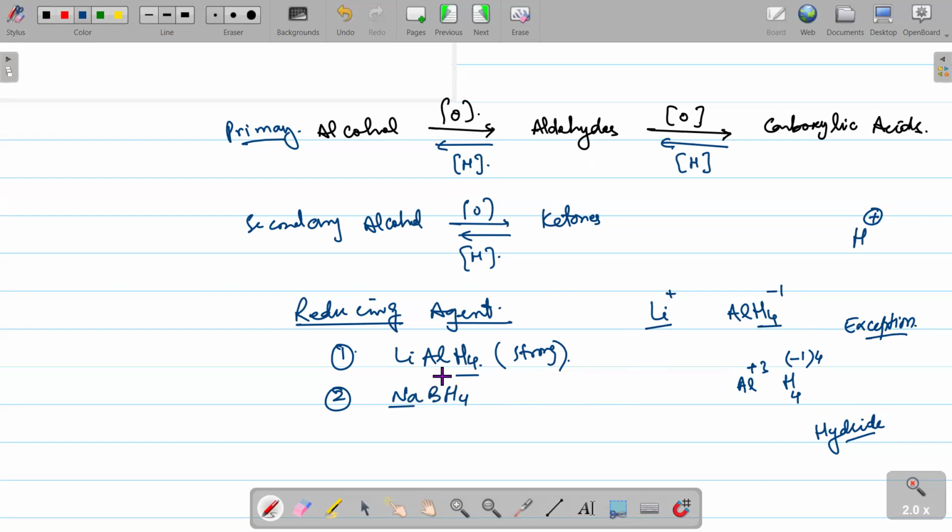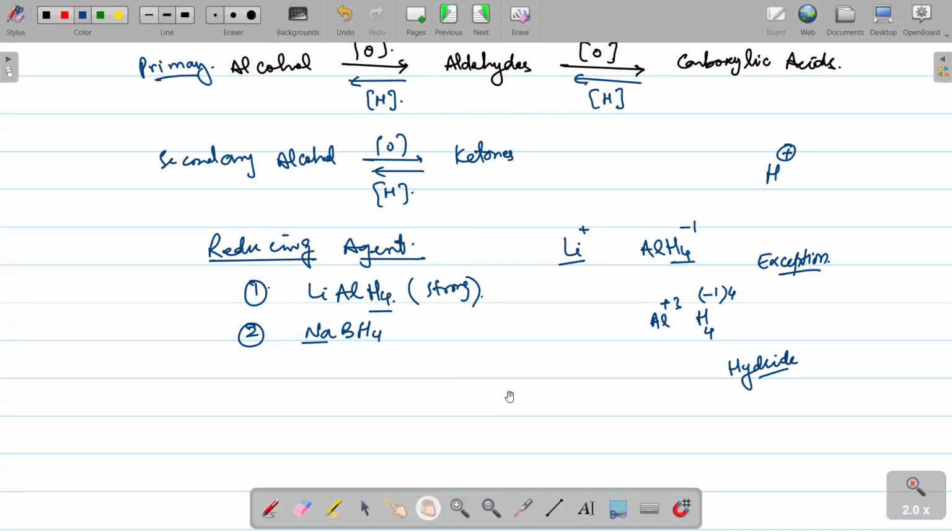Actually, these are the reducing agents. They are the main source of hydride ion, H negative ion, which is used for the reduction of aldehydes and ketones.